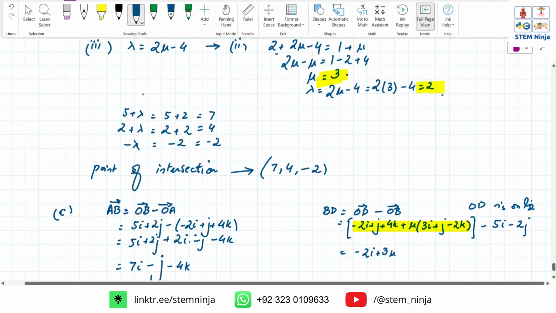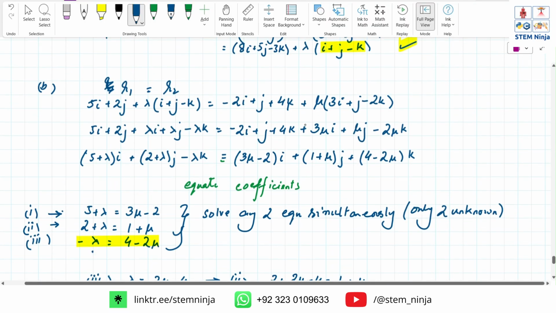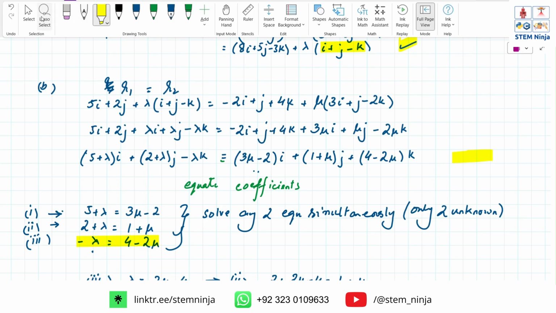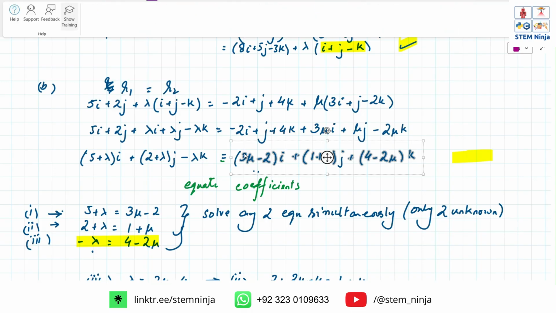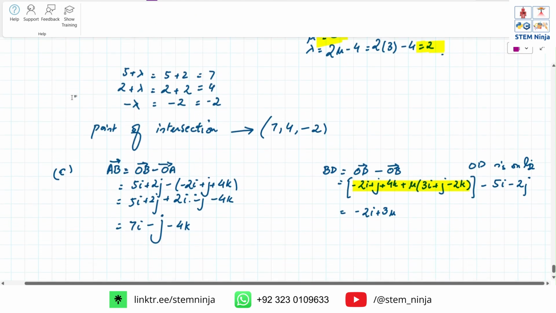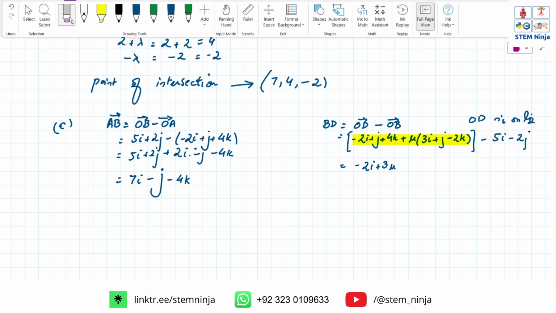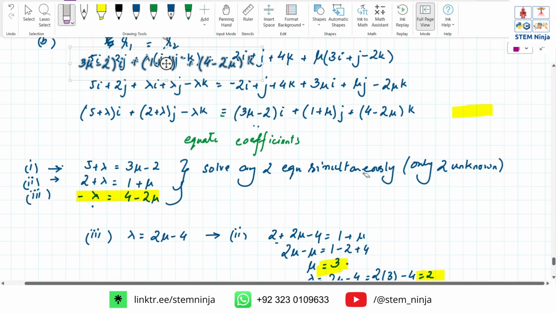Actually, wait a second. We already did this part. We don't have to do it again. We already did this on this line, so let's just simply copy this, because this is exactly what we're doing. We're multiplying the mu inside, and we are separating the I, J, and K components. So we just go down and simply paste this over here.